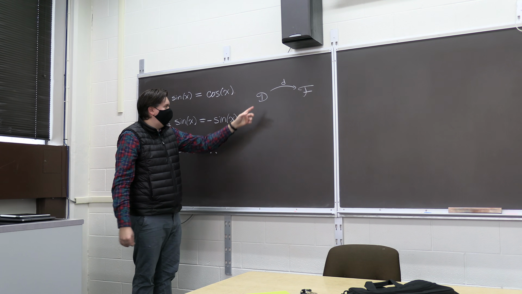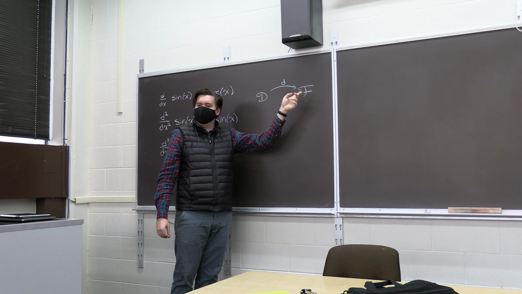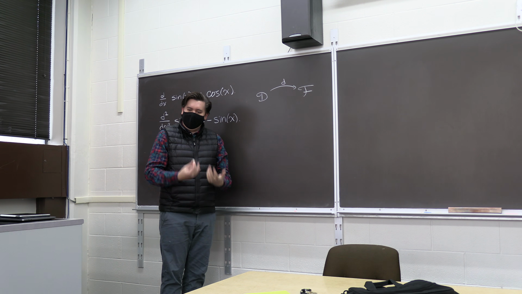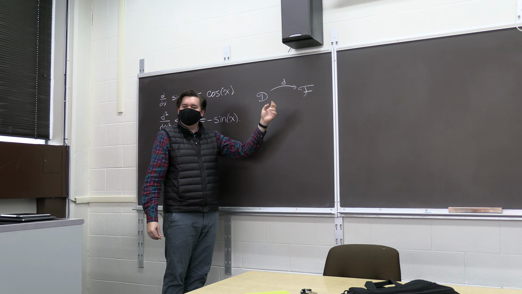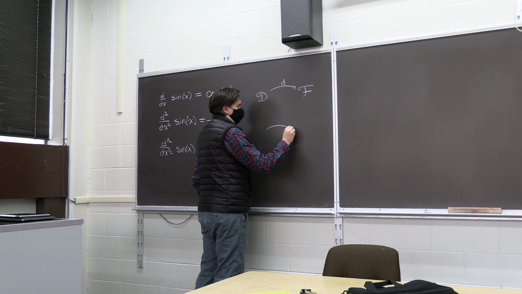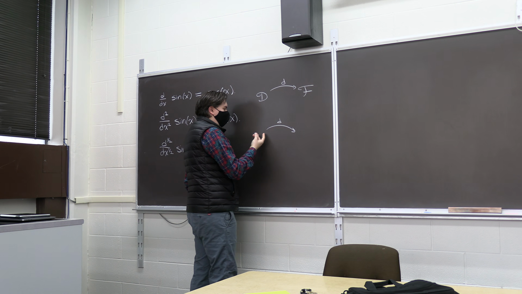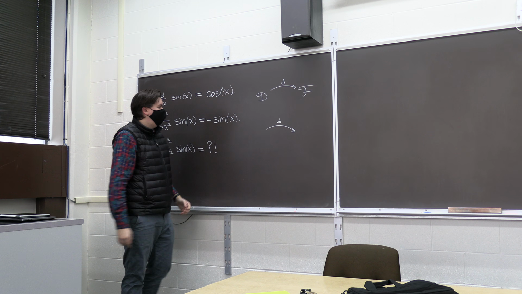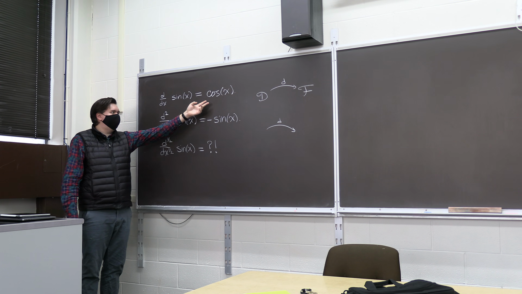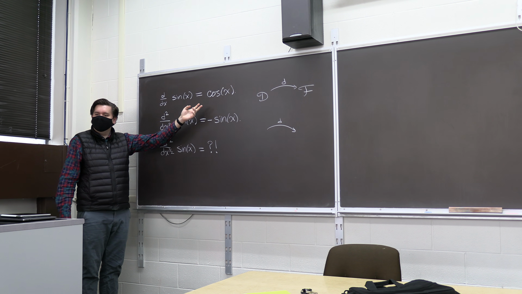But the problem is these are infinite dimensional vector spaces, right? And so it's like that's much too big for us to really get a handle on what the derivative is doing. So instead, let's narrow our attention to some smaller vector spaces that will include sine, and I guess should include cosine, right?